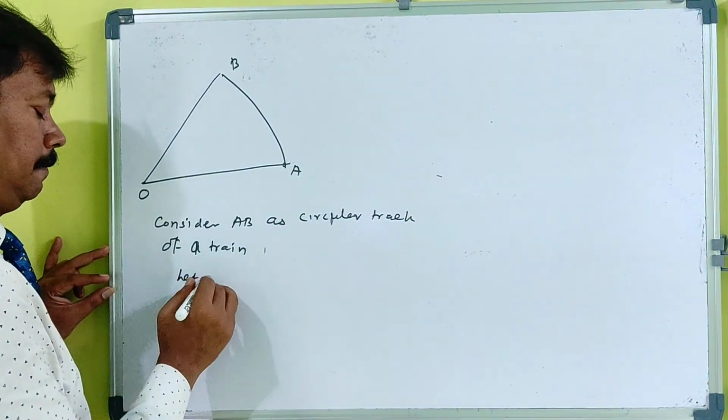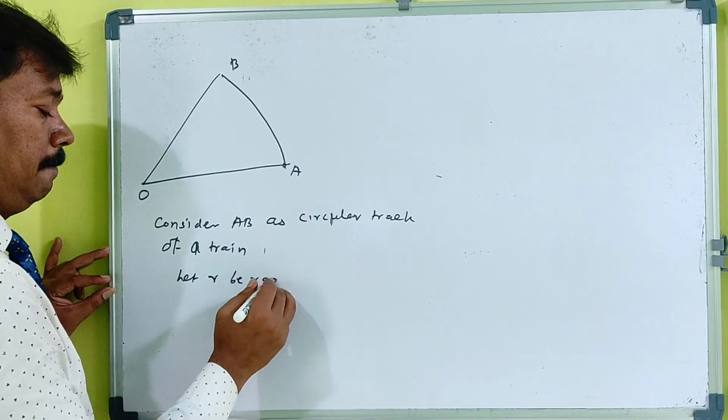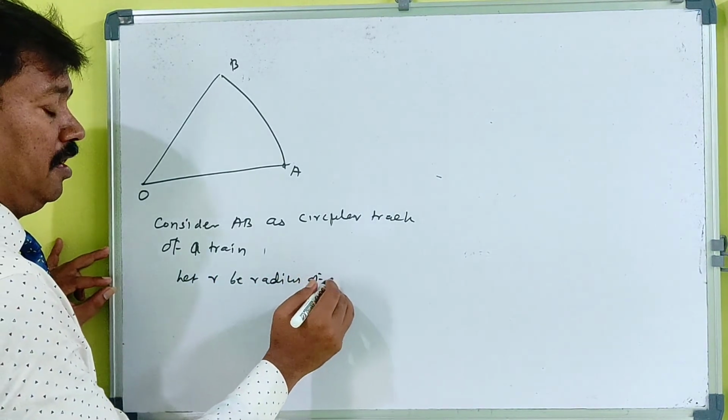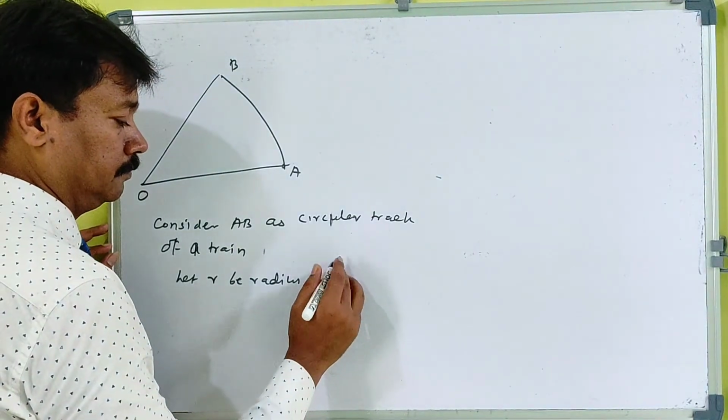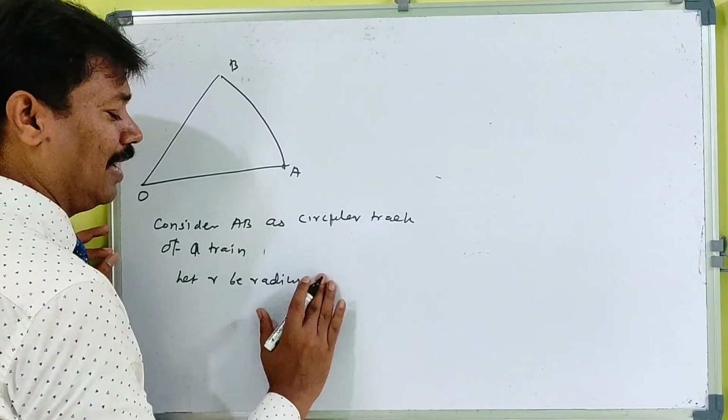Let R be the radius of the track. Let R be the radius.